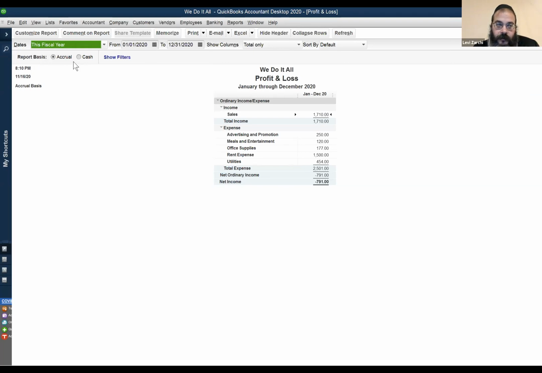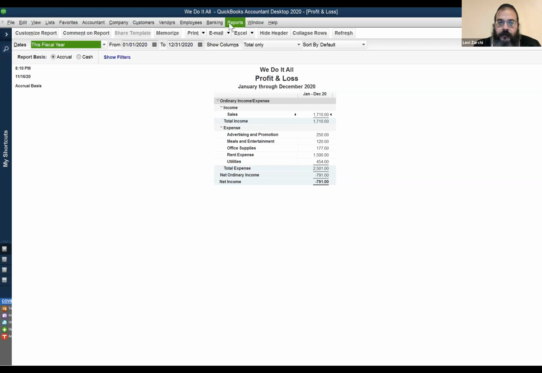Note that right under this fiscal year, there are two choices, report basis accrual or cash. Now, in the accountant software, we have the choice right here to toggle back and forth between cash and accrual. I think in other softwares, other versions, you have to go into the settings and change the report. It's not readily available over here just to toggle back and forth. Right now, we're going to leave it in accrual.